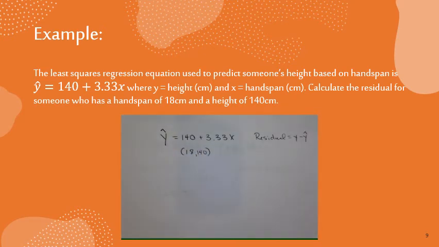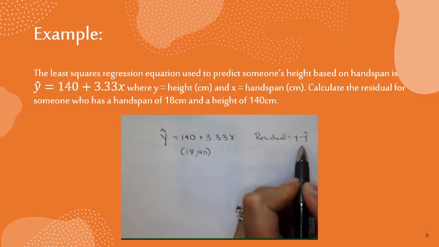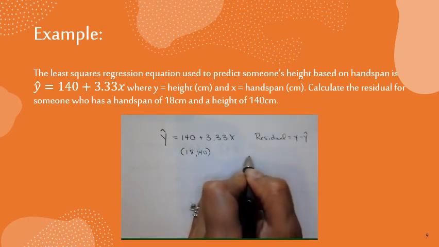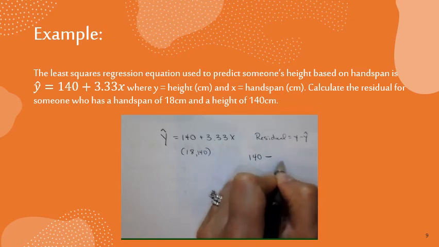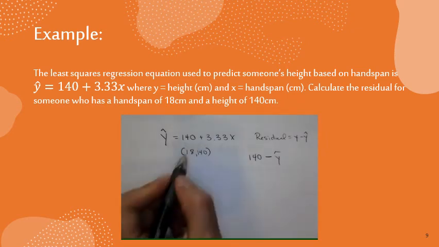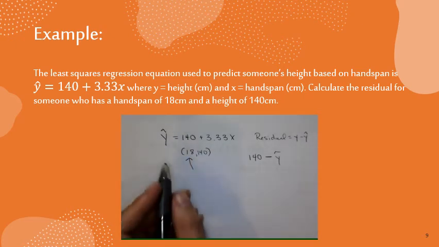So we need to use this formula to find the residual: actual minus predicted, the actual y. We are going to find the residual by doing the actual y, 140, minus the predicted. Now we need to find the predicted. Well, we have the prediction line, so to find the predicted, you just have to plug in the x, and that's going to give us what our equation would predict.